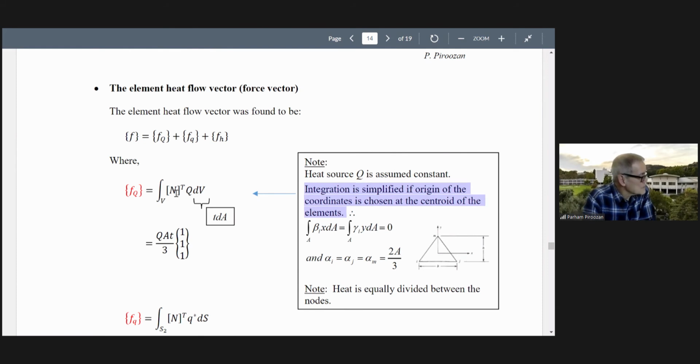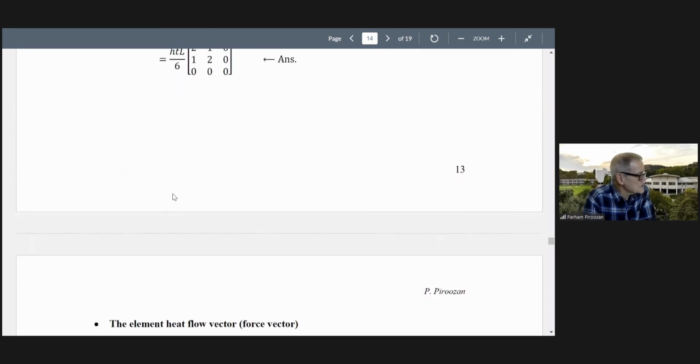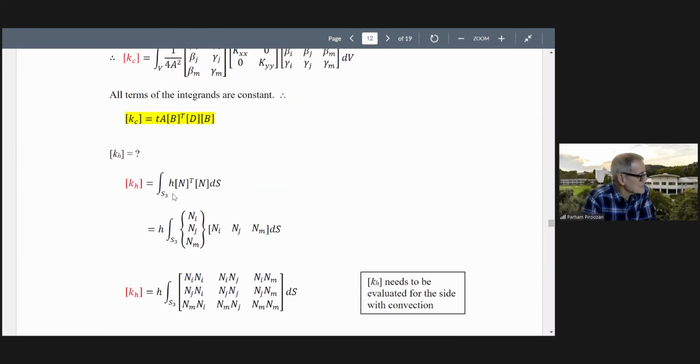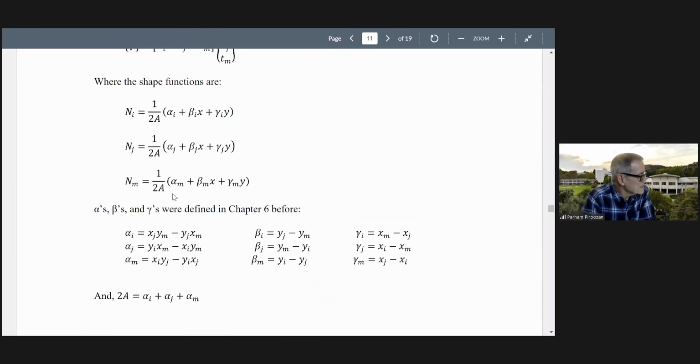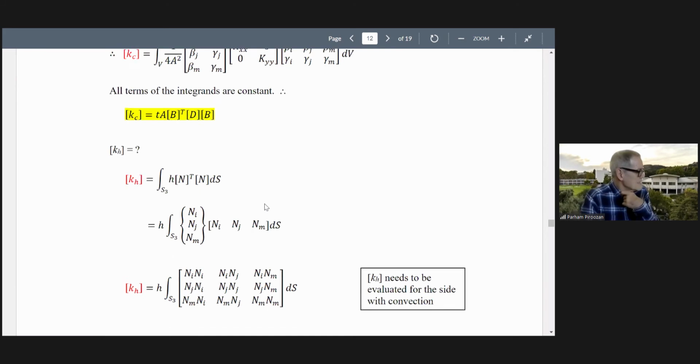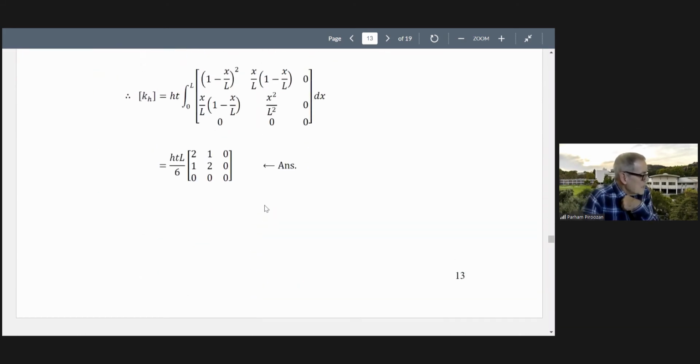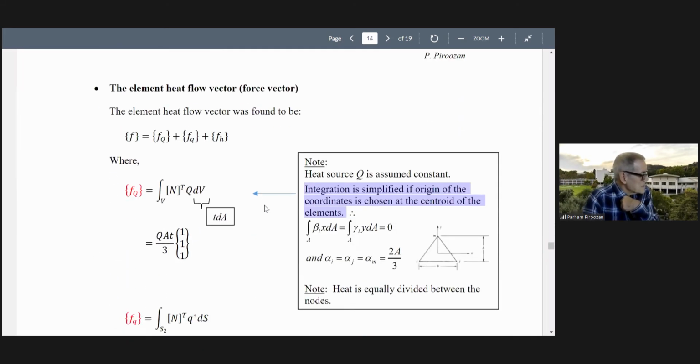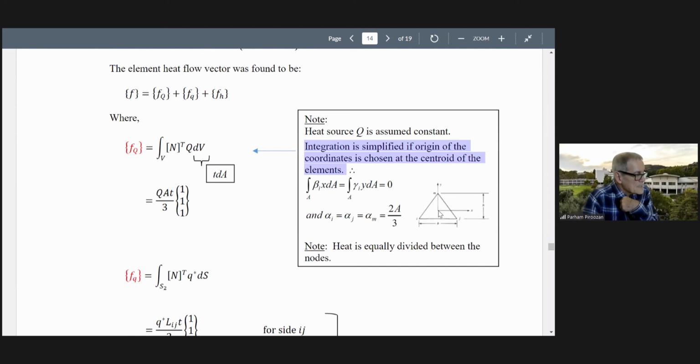So we need to integrate this, but it's a little bit problematic, you see, because these shape functions are functions of x and y here. There are x and y here, and integration of this over the element is a little bit problematic, unless you put the coordinate origin at the centroid.